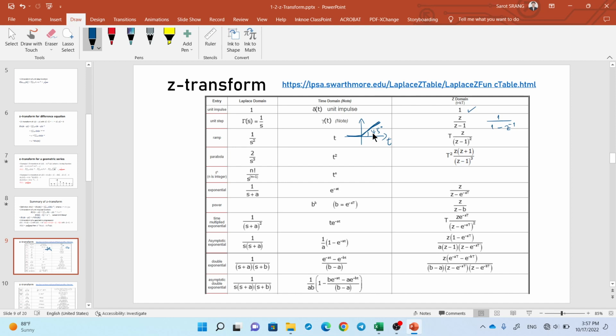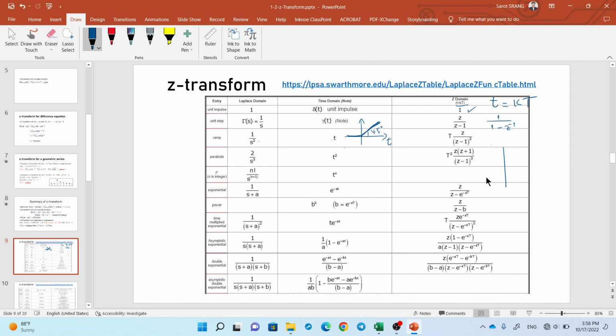I forgot to explain clearly that here you have a time domain, continuous time, and if you do the Laplace transform you get this on this side. This is the Laplace transform, but if you do the Z transform you get this. But before you apply the Z transform you need to choose a sample time. t can be substituted by kT, where capital T means sample time. Let me illustrate this function.